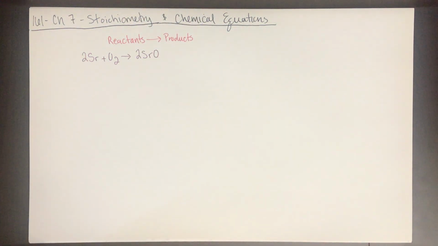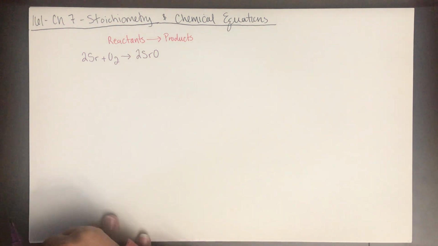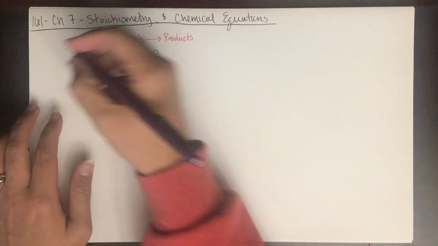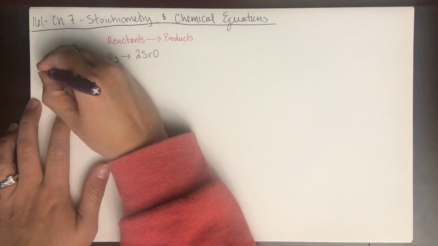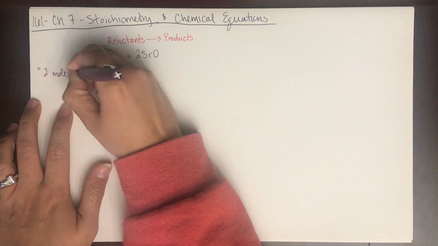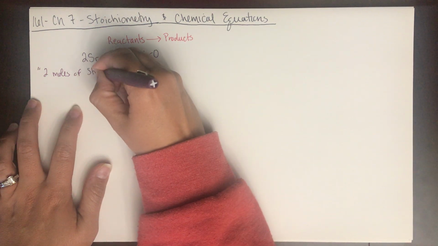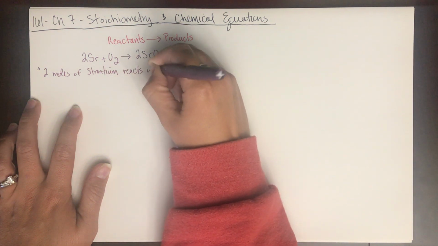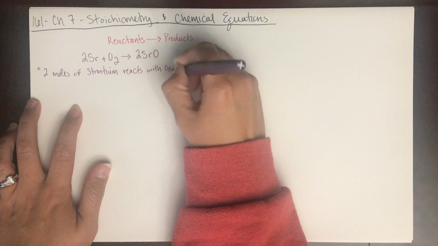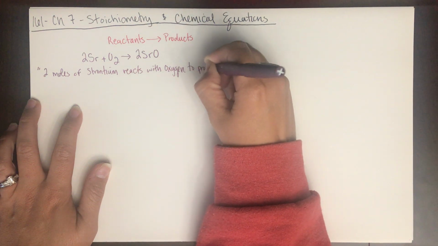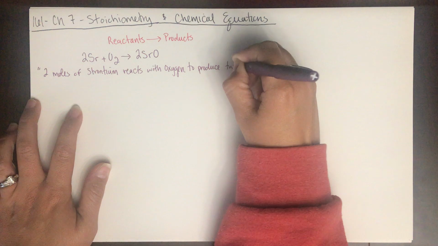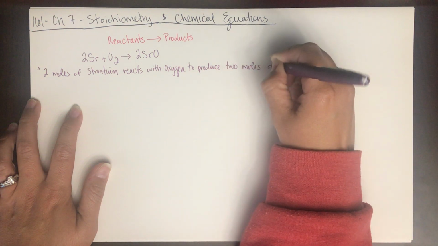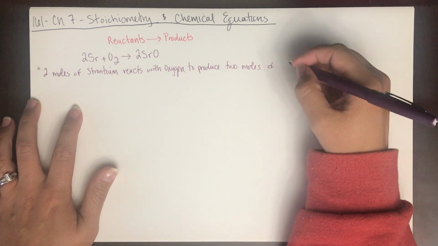Sr is the element strontium, and O is oxygen. If I asked you to write a sentence about this chemical equation, what you would say is 2 moles of strontium reacts with oxygen to produce 2 moles of strontium oxide.